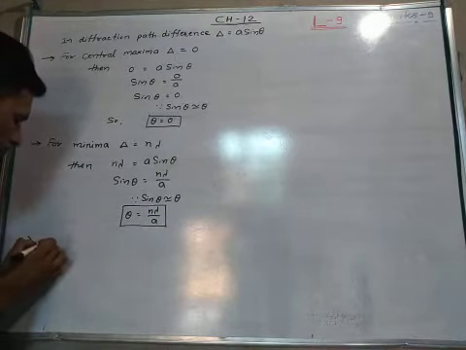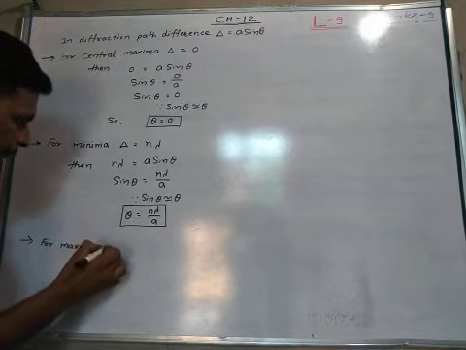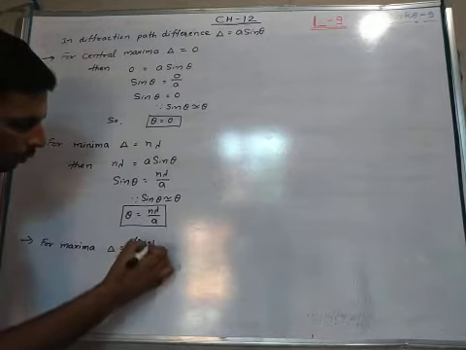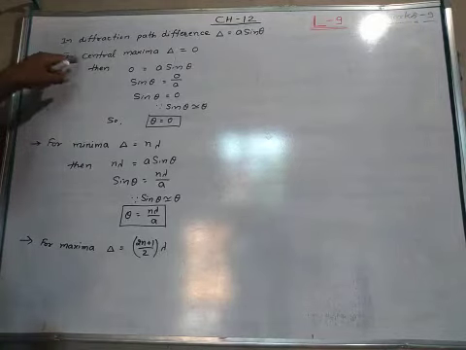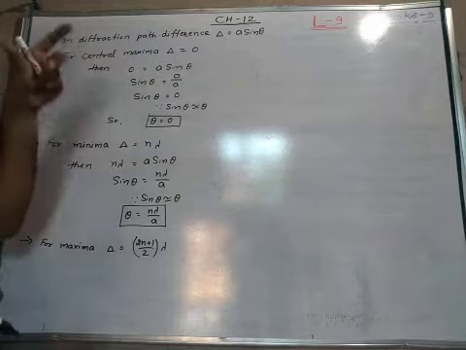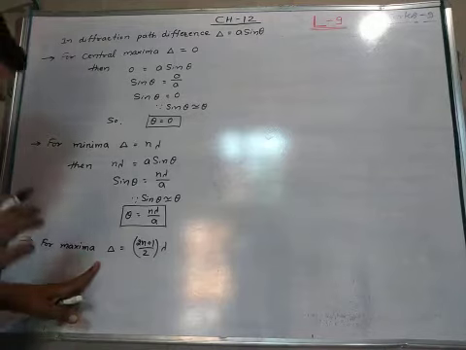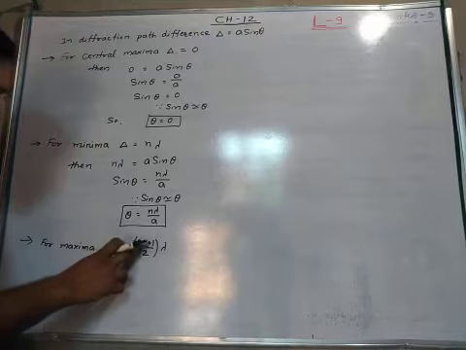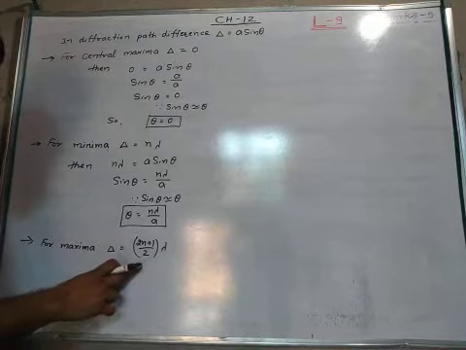After that, for maxima, delta equals (2n plus 1) by 2 lambda. The central maxima has very high intensity at the center, while the intensity of these other maxima is high but not very high. For these maxima, path difference equals (2n plus 1) by 2 lambda, which is the path difference for destructive interference.